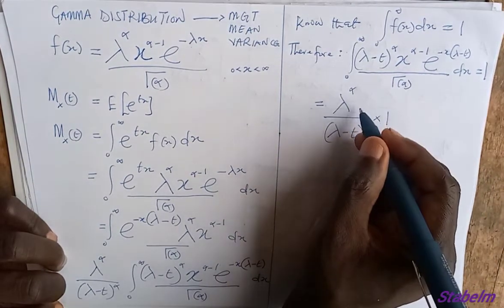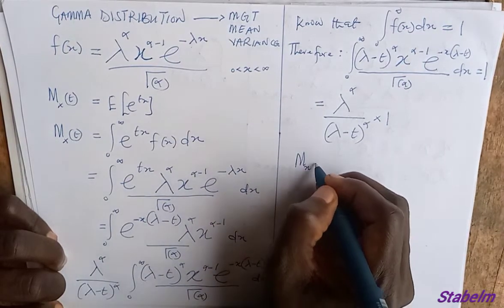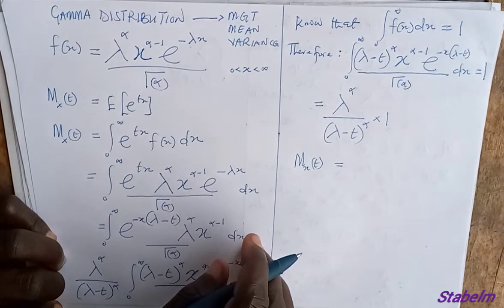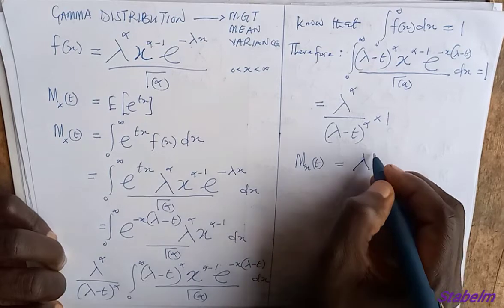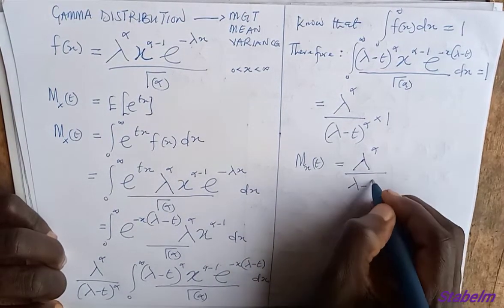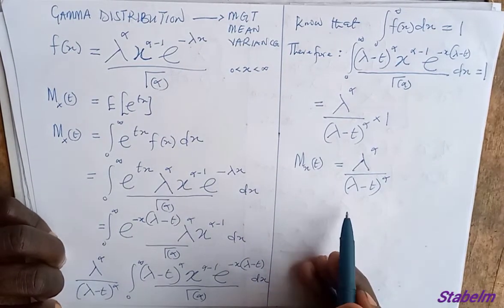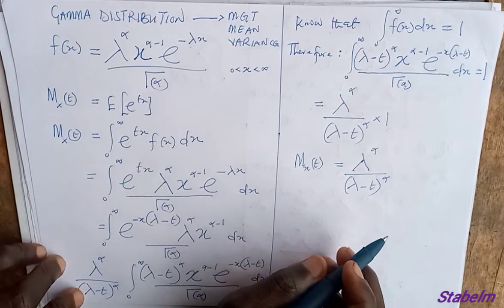And by the time we multiply this by 1, we have M subscript X of t, which is the moment generating function, equal to lambda raised to power alpha divided by (lambda minus t) raised to power alpha. So this is the moment generating function of the gamma distribution.